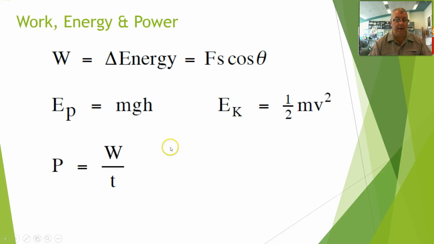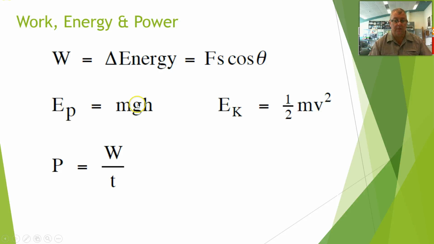Now, work, energy, power, let's just wrap this up. Not much has changed, nothing much new in physics so far, but we will hit some new stuff when we do electromagnetic induction and things. But you're expected to know all this. Work is equal to the change in energy, which equals force times distance. They throw in this cos theta, but that's always going to be 1.